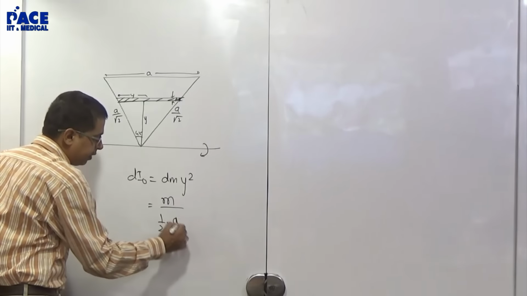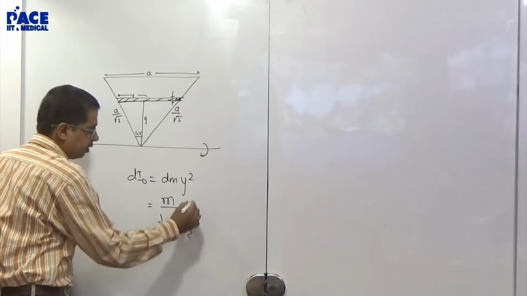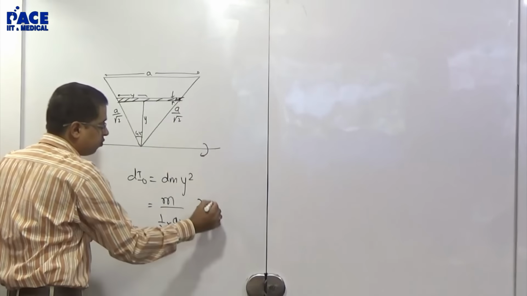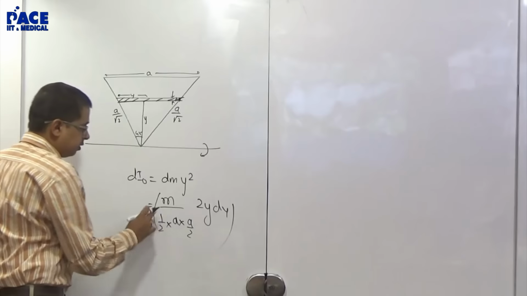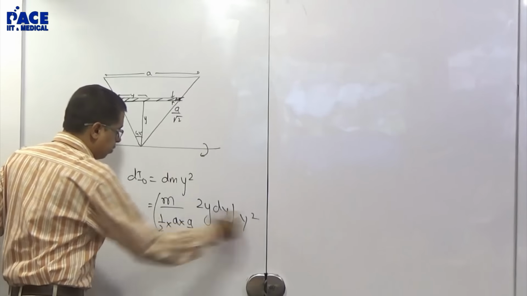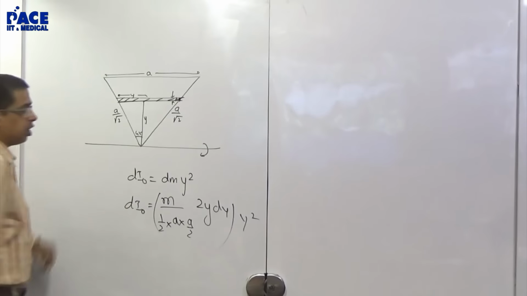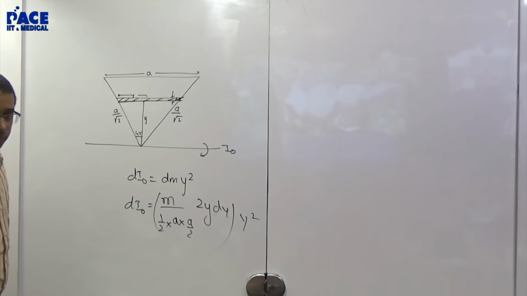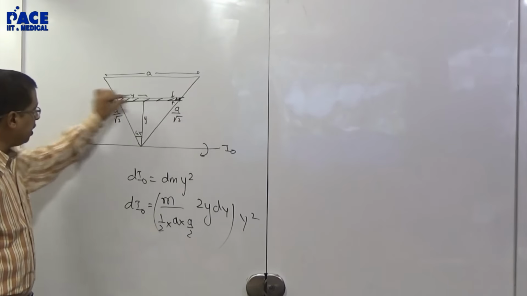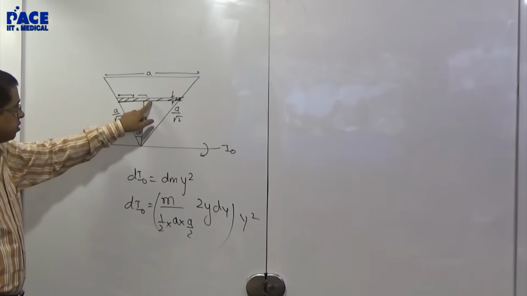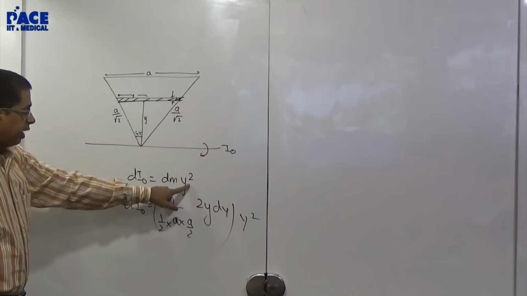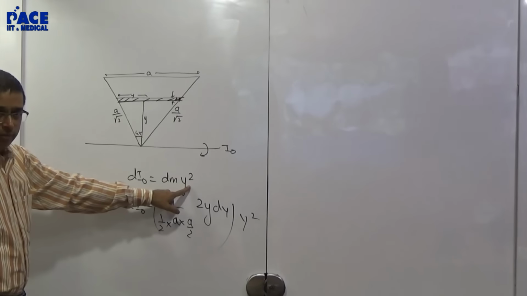dm is mass per unit area into the area of this strip. Area of this strip is 2y into dy. This is dm into y square; this will be dI naught. You gave me the moment of inertia about this to be I naught. I considered a small elemental strip. The distance of every element from the axis will be y, so dm into y square.